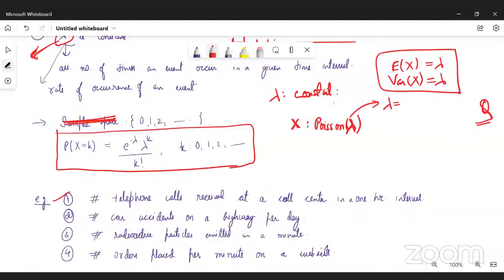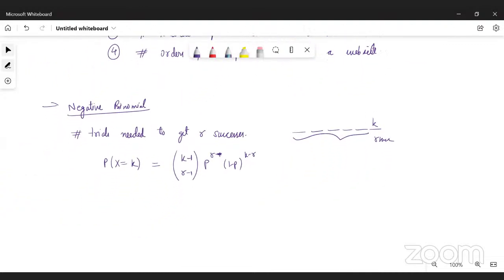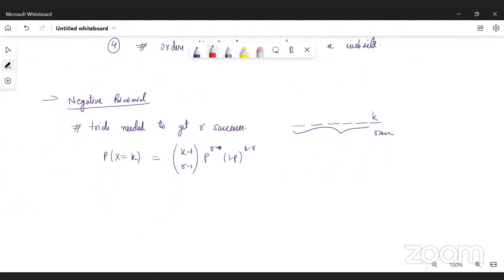Ma'am, there was an example, the fireballs example. The number of fireballs entering the atmosphere. Ma'am, can you help me, I don't know how they found the lambda. I didn't understand that part of the example. Let me see.